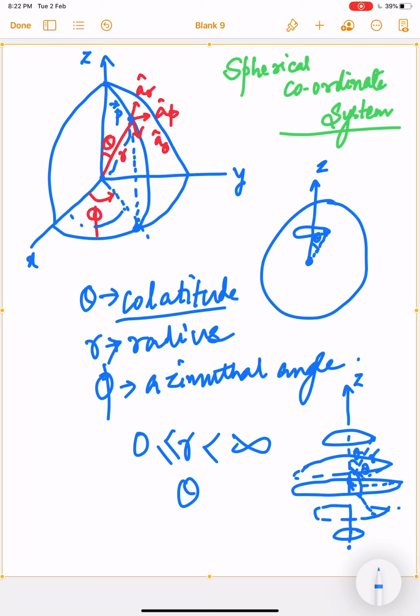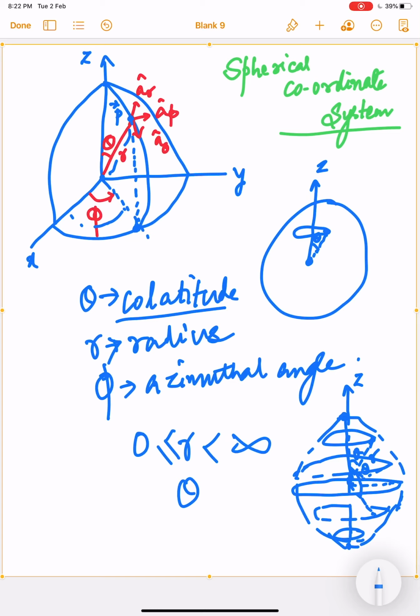When theta is 0, this is a point, and I am not making any circle. If I join these circles, I get a sphere.